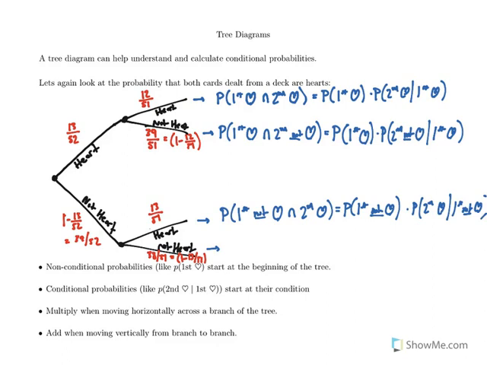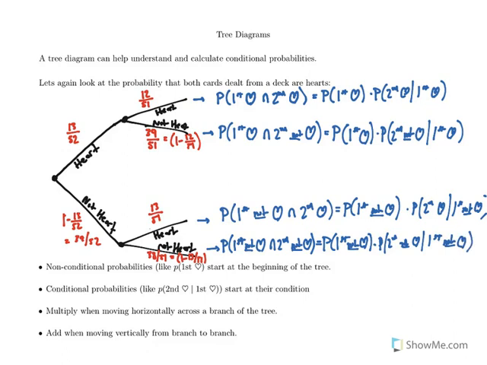And lastly, we'll finish it out: the probability that the first is not a heart intersect the second is not a heart, which is going to be the probability that the first is not a heart, times the probability that the second is not a heart, given that the first is not a heart.